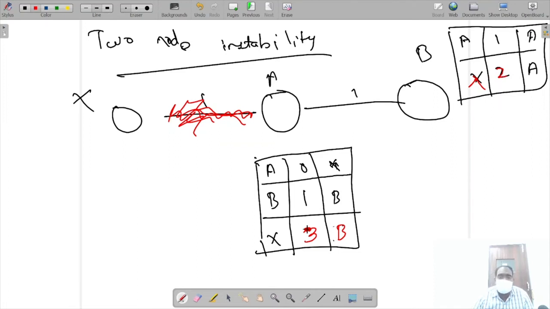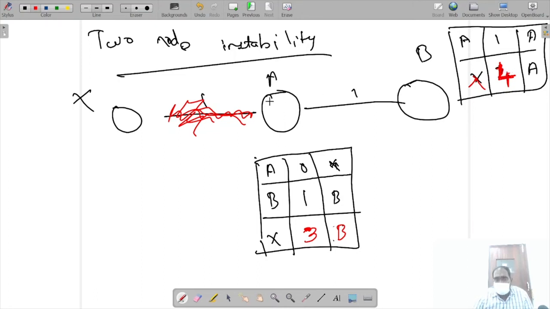Now you say you can reach at a distance of 3. To reach you, I need a cost of 1, right? So my cost will become 4, because A takes 3 units to reach X, and I can reach A at a distance of 1. So the total distance is 4.